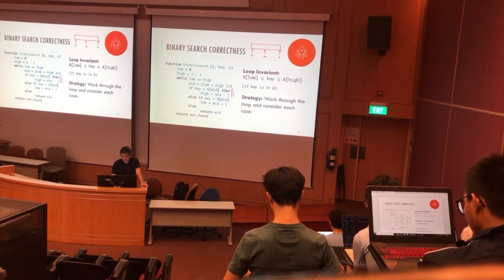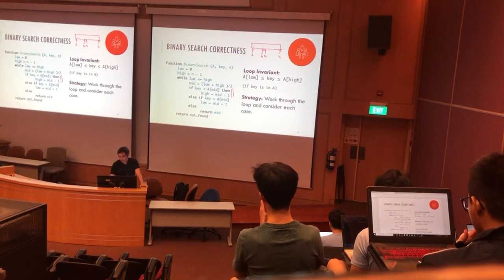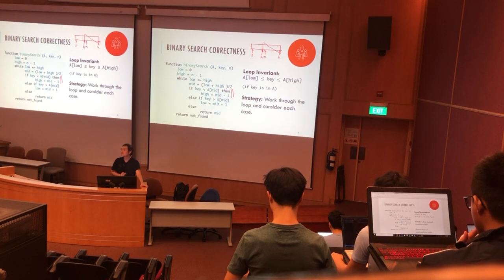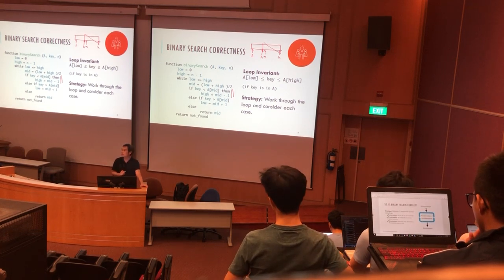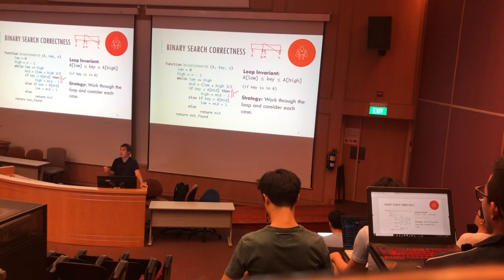If the key is less than whatever is in the midpoint, then I'm going to move my high value to mid minus 1. Basically I'm going to shave off this part. In this particular situation, is this loop invariant still true? Yes, it must be true because the array is sorted. It must be the case that the key is in this zone.